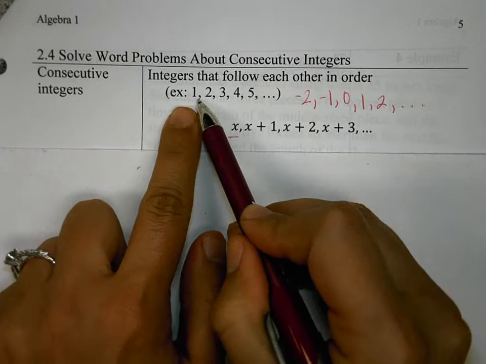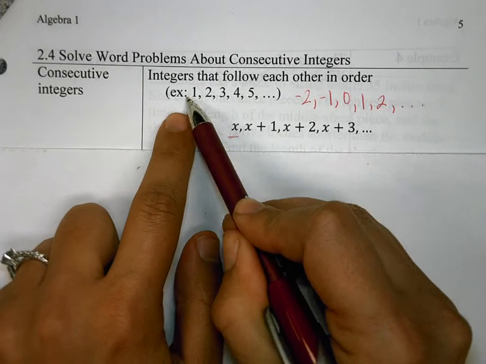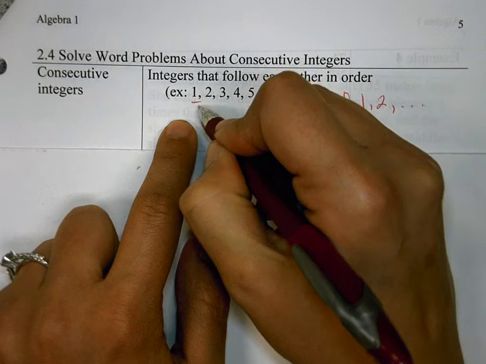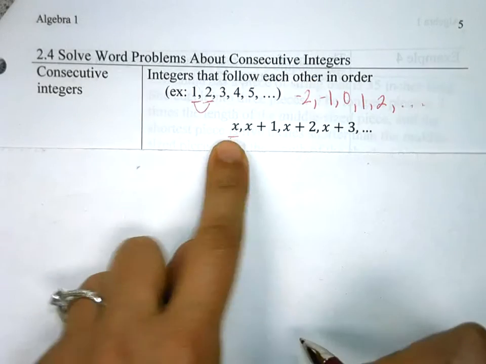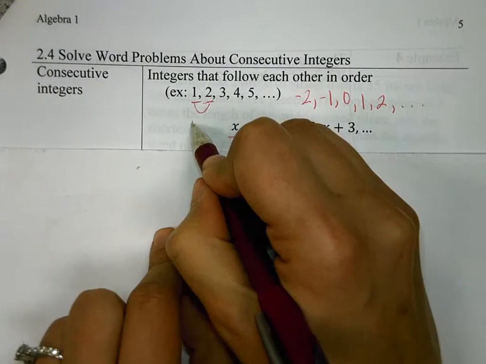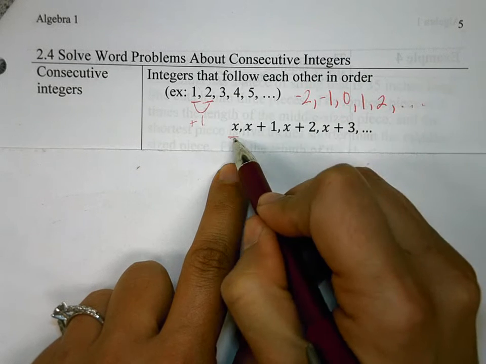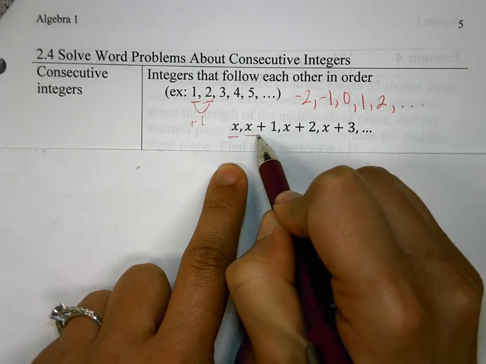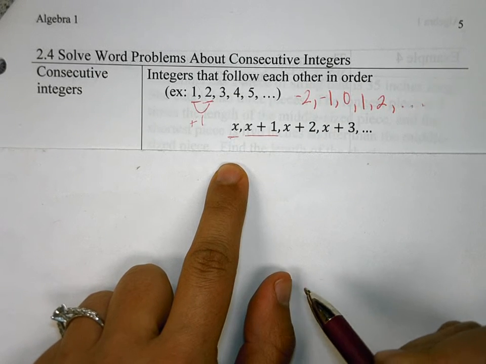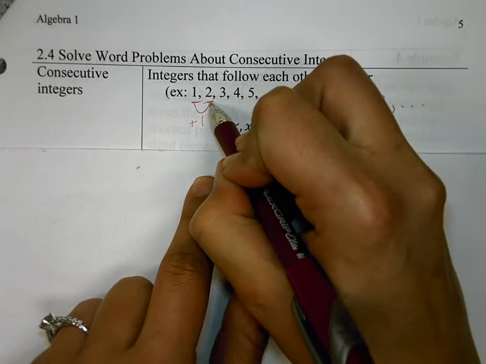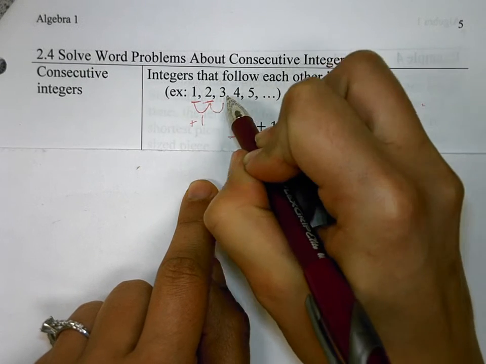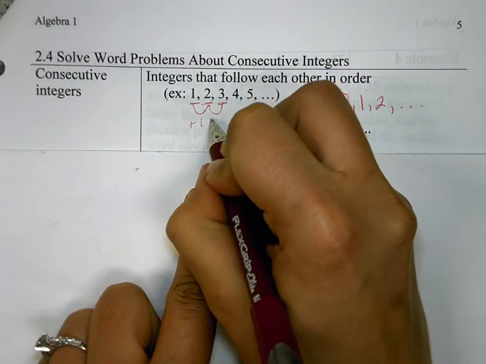So looking at our example with 1, if 1 was x, how would I get from 1 to the next number, which is 2? I would add 1. So that means to get to the next number after x, I take x and add 1. To get to the next number in our example up here, 3, I would add 1 again.